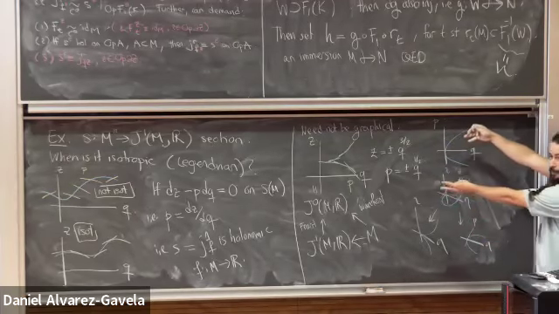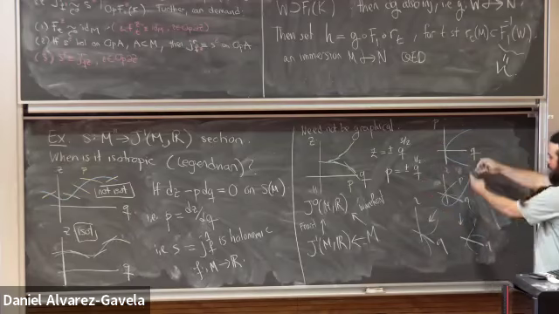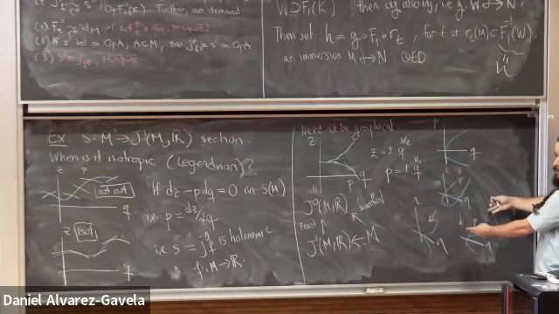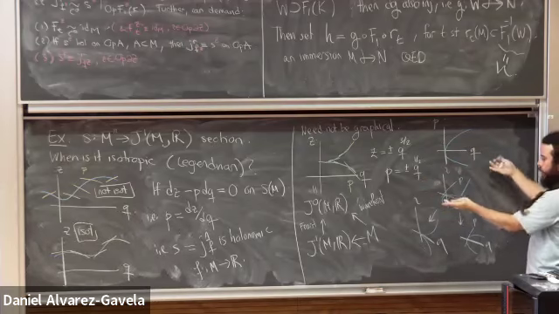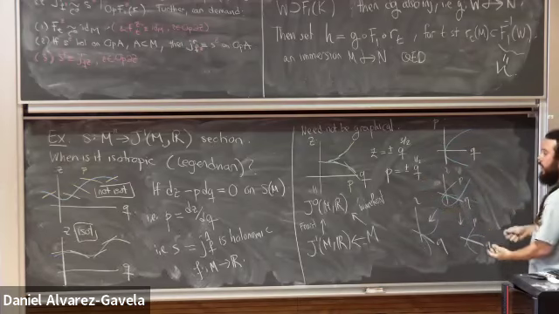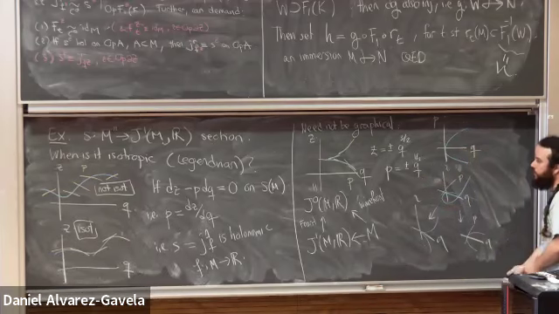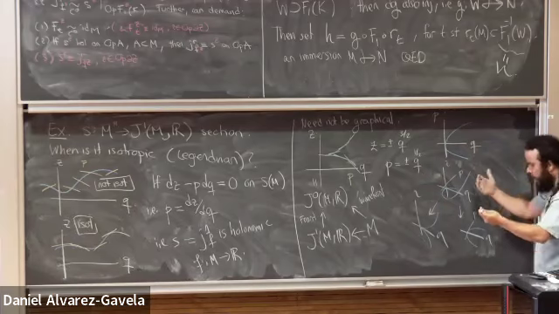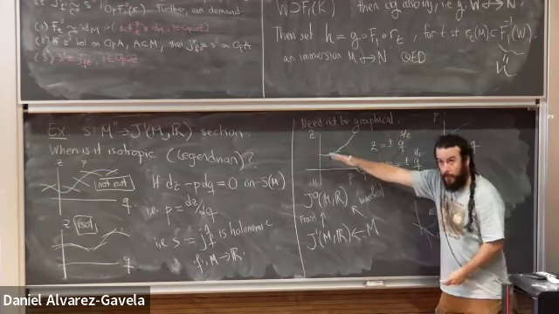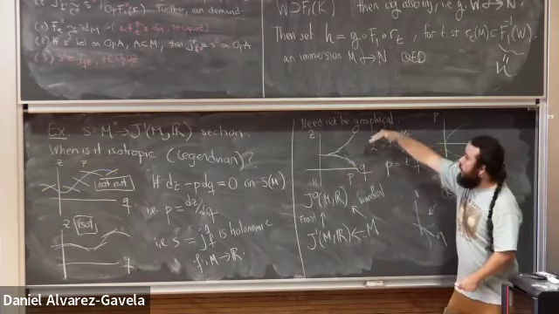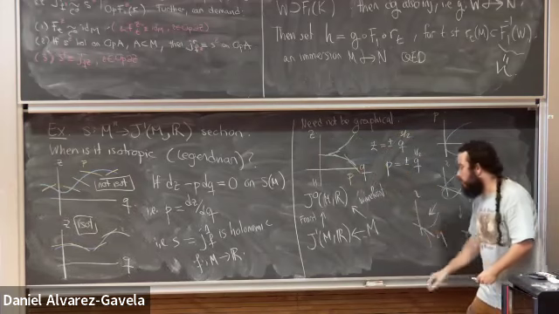So cusps in the front projection are your friends, and they just correspond to smooth points. Okay, there are other singularities of wavefronts that are allowed. Not all of them are allowed, but definitely cusps are fine. But what's important about isotropic embeddings is they are tangent to their p coordinates.